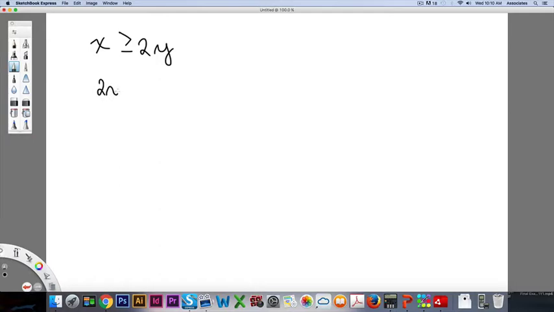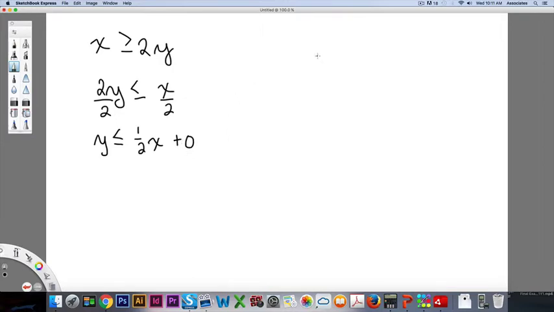So it's going to be 2y on this side and x on this side. Notice how the inequality points to the 2y, so when I flip it, I flip the inequality also. Now, I also need it solved for y, so I'm going to divide both sides by 2. So I got y is less than or equal to 1/2 x. And remember, there's no constant, so that's plus 0.